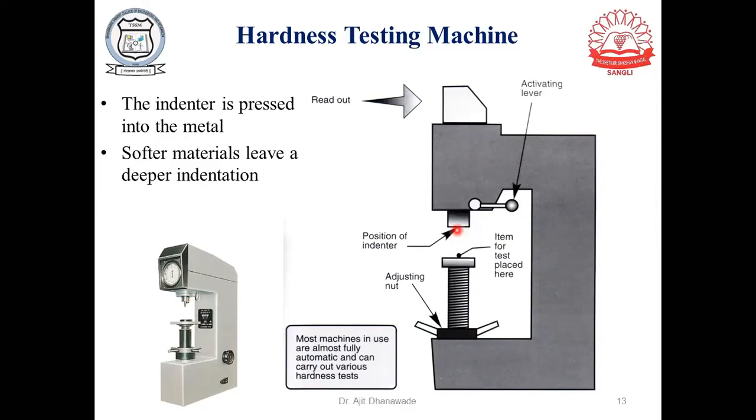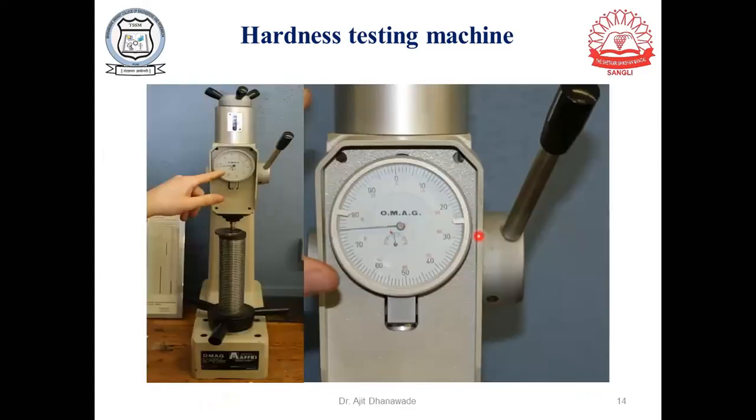As you go on raising, automatically the load will increase, because the pressure between that ball and that specimen goes on increasing, and that ball will try to penetrate inside the material. Due to that penetration it will leave some indents on the specimen. This is the basic mechanism of hardness testing. We'll see these tests one by one.